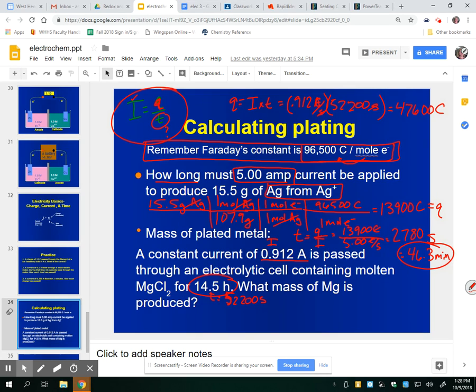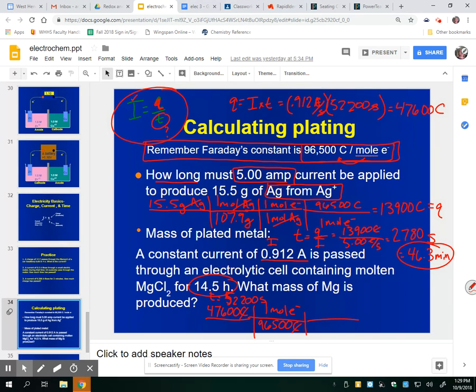So now I have my coulombs. Now I'm going to use stoichiometry to convert from coulombs to the mass of magnesium. So I'll start with 47,600 coulombs. And the only conversion factor we know with coulombs is Faraday's constant. 96,500 coulombs is 1 mole of electrons.